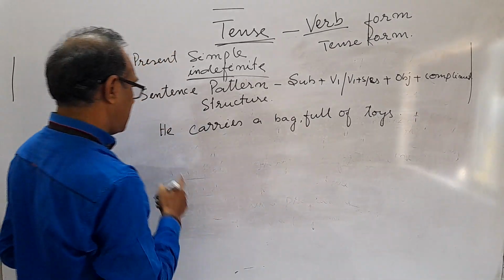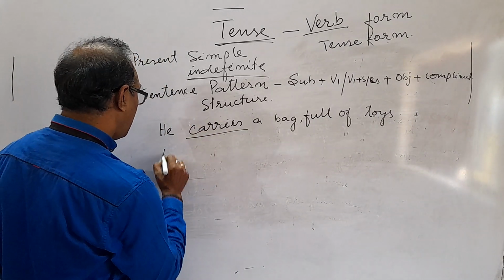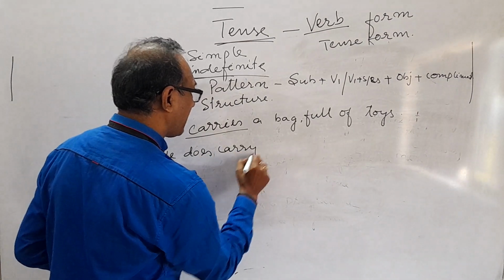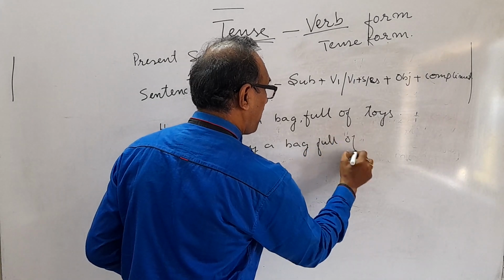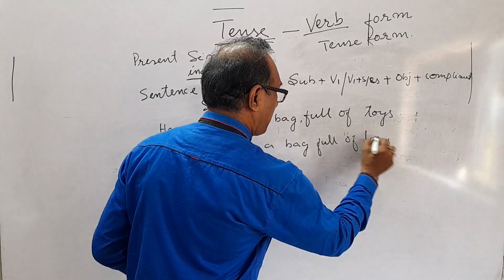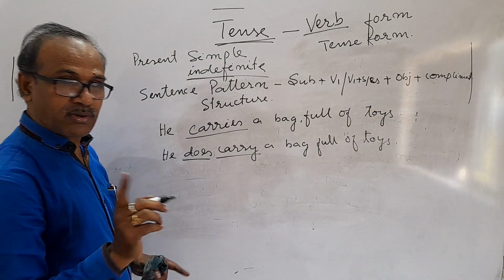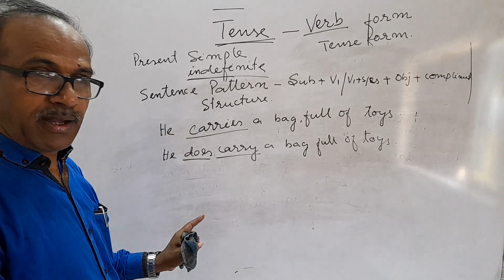Okay. Then when it is "carries," what do you do? He does carry a bag full of toys. So here it is "does carry." That makes no difference in the meaning.